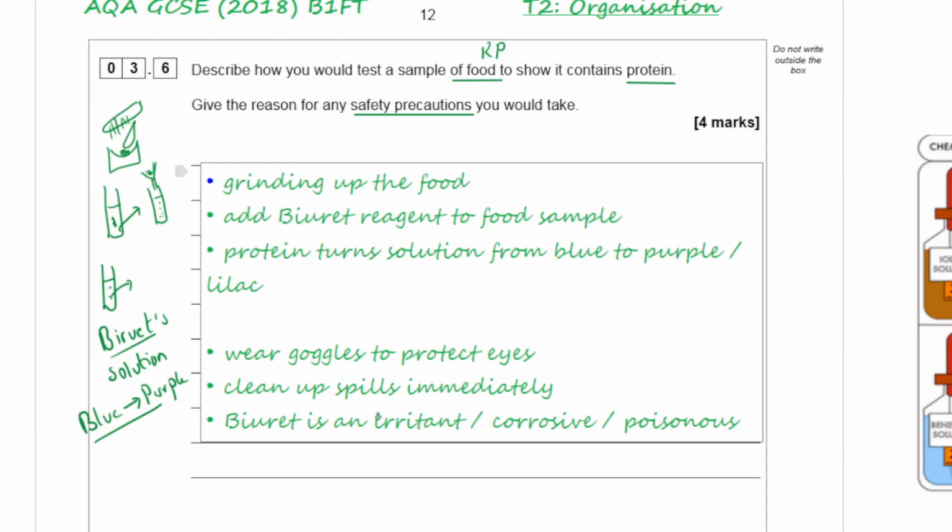Why would you do that? Because Biuret solution is an irritant, meaning that it itches because it is corrosive and it is poisonous. A little bit of it is fine, but too much of it is poisonous. So you wouldn't want to drink it by mistake, right? So let's have a look at the next question.